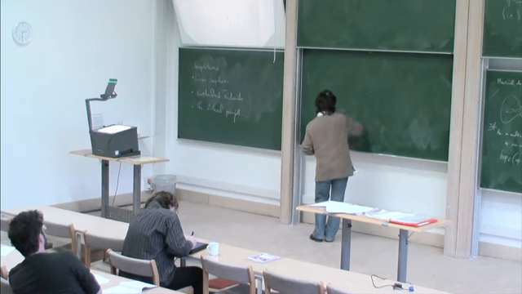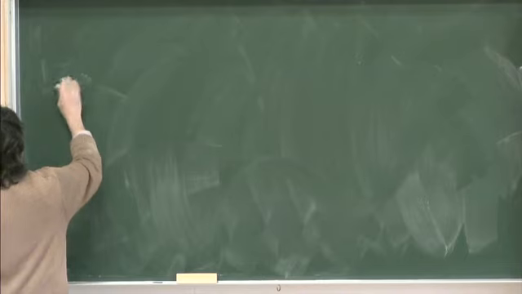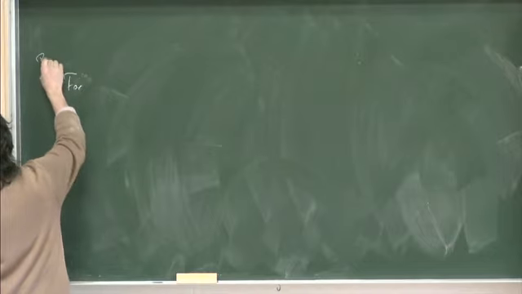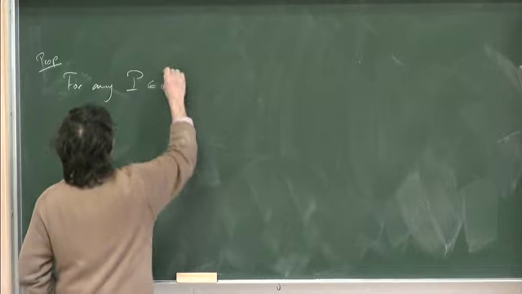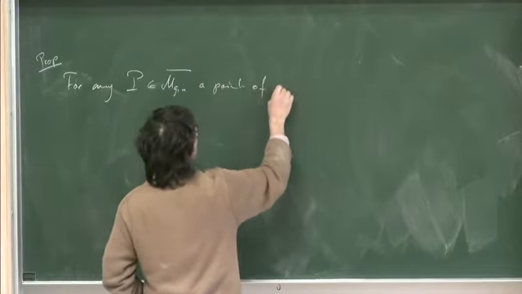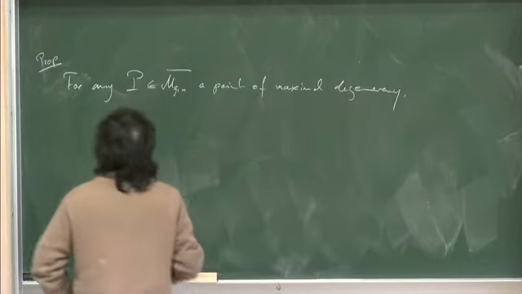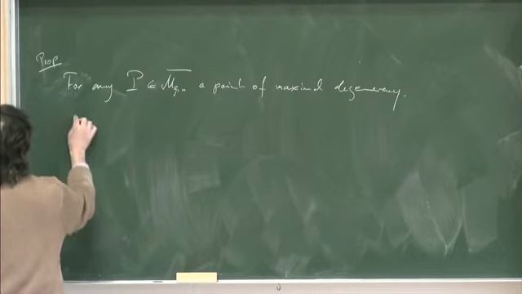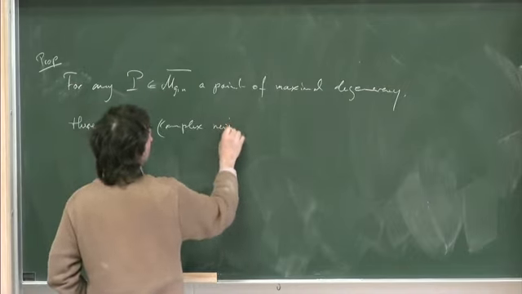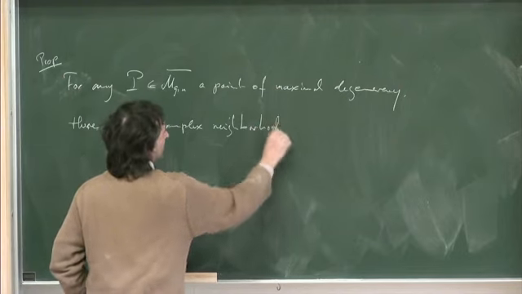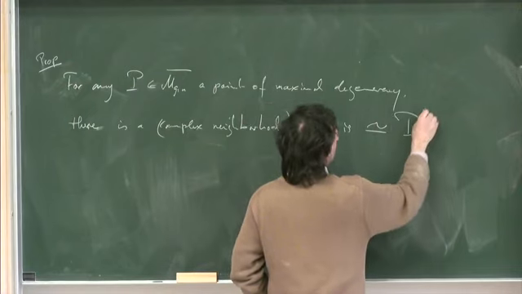How do you describe it? So in M, for any g, any n, let's say proposition: for any P in M_g,n bar, a point of maximal degeneracy, there is a complex neighborhood, I mean in the complex topology, which is isomorphic to this.